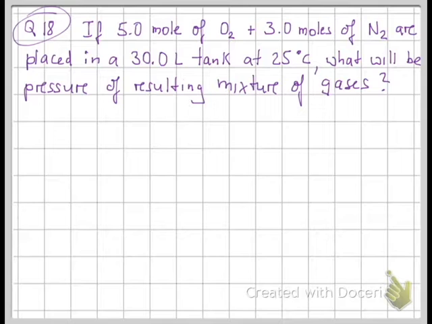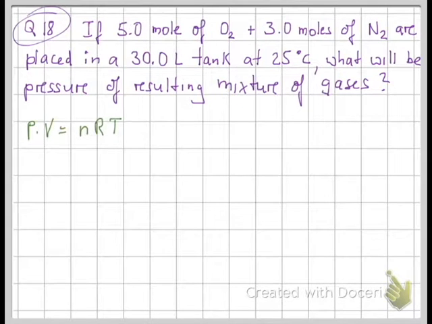The law that combines all that into something usable is PV = nRT again, but we have multiple gases, so we have multiple partial pressures depending on the number of moles. So we have to calculate the pressure that each gas exerts in that mixture.